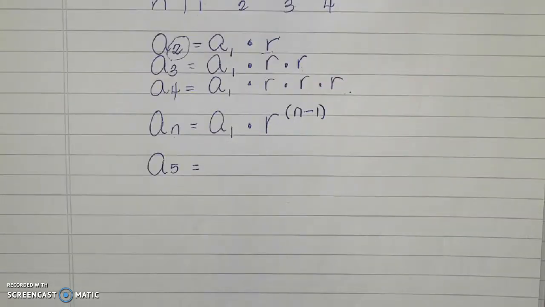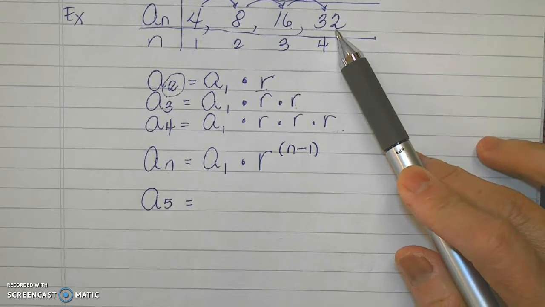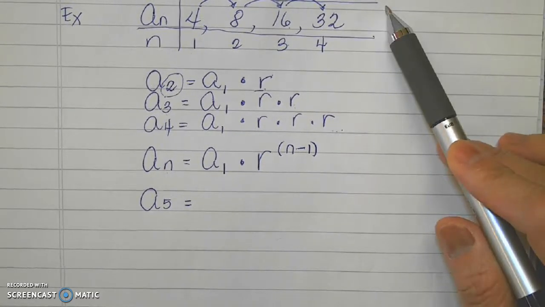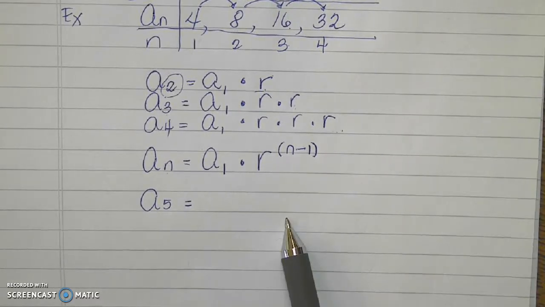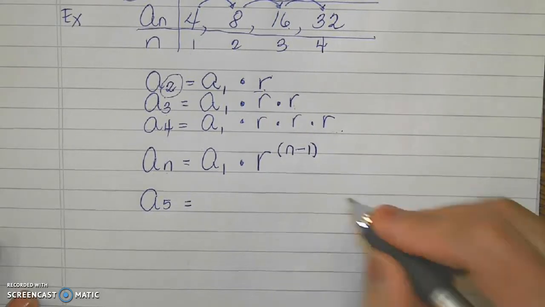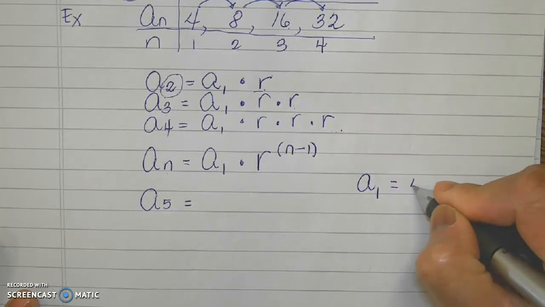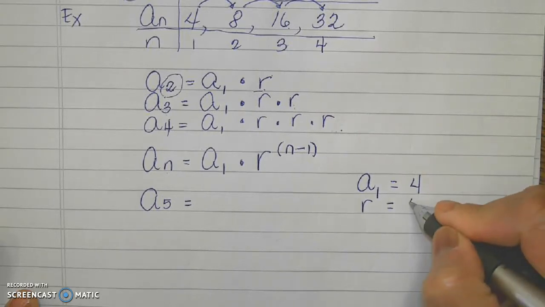So to better understand this, let us have an example. Let us look for a sub 5. And looking at this, if I multiply 32 by 2, I know that next in my sequence is going to be 64. So we're expecting an answer that is 64. So let's look at the formula and apply the formula. First of all, let's get all our information here. My a1 is 4. My common ratio is 2.